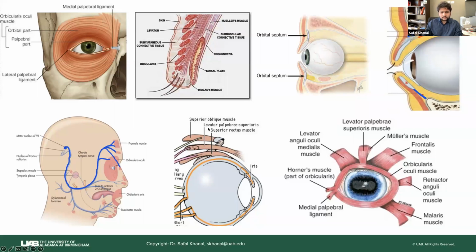And if you look at the muscle arrangement on the superior part of the globe, you have your levator muscle first, and then you have your superior rectus, and just underneath your superior oblique muscle here. And these Horner muscles line the canaliculi at the medial side and help to drain the tears.